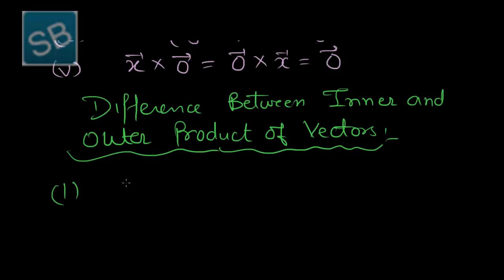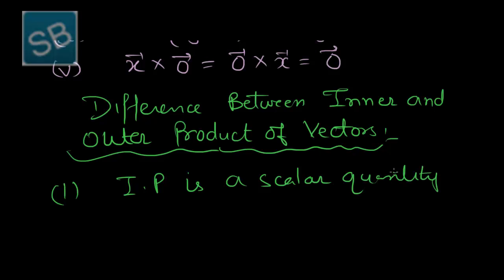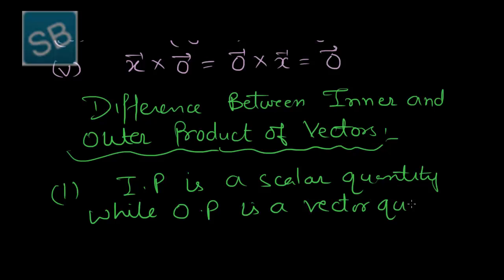So first, inner product is a scalar quantity, while outer product is a vector quantity.